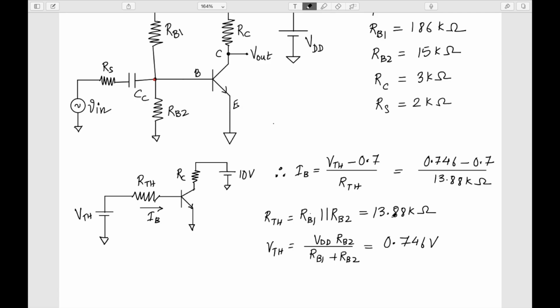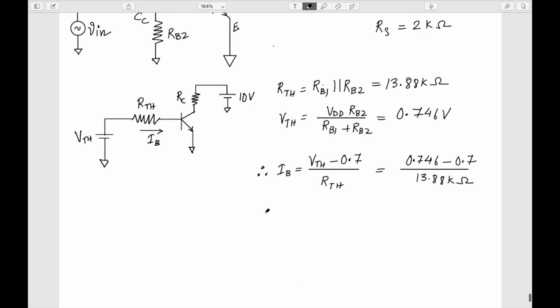Of course, these steps come after evaluating the earlier ones. If I estimate this value, IB comes out to be around 3.33 microampere. This is the IB at which I will be operating. So my IC will be beta times IB, and this comes out to be almost 1 milliampere, 0.98 milliampere.